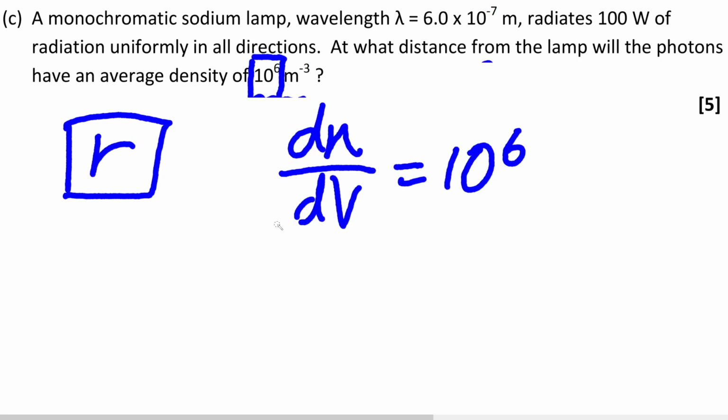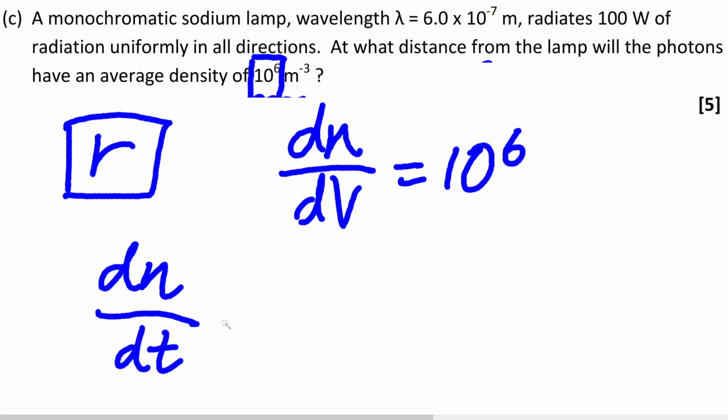First, let's think about the actual amount of photons emitted by the lamp every second. This would be the first most easy thing to think about, dn over dt, because it's something that we can use the typical sort of physics problem-solving mindset to approach. We know that the number of photons per second is going to be dependent on the power of the lamp, as well as the energy that is contained within each photon.